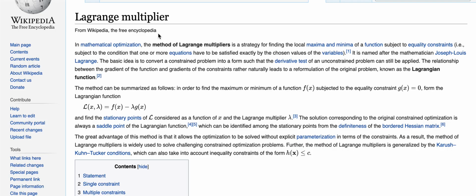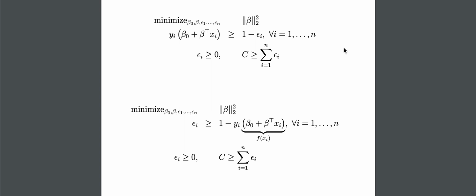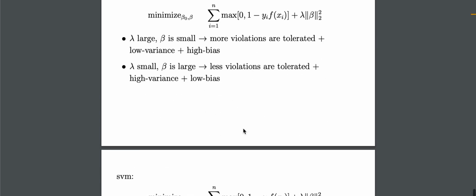So, I mean, Wikipedia is not necessarily the best source, but just because it's standardized, I wanted you to see. Maybe my pronunciation is not perfect, so this is what I mean by Lagrange multiplier. Anyhow, these two optimization problems are the same, and these two are the same as this one.